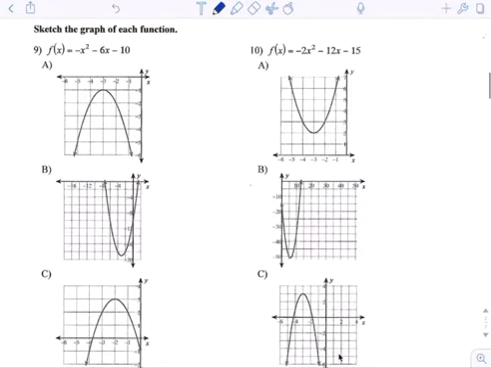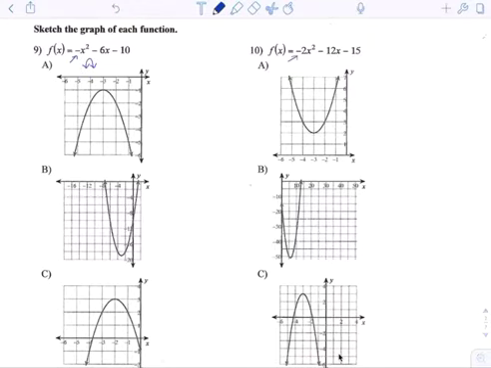Alright, let's take a look at this one. When you look at this one, you have to find your vertex. These are all in standard form. This is in standard form, and number 10 is also in standard form. Okay, so first off, if it's negative, that means it's going to be down, a sad face.